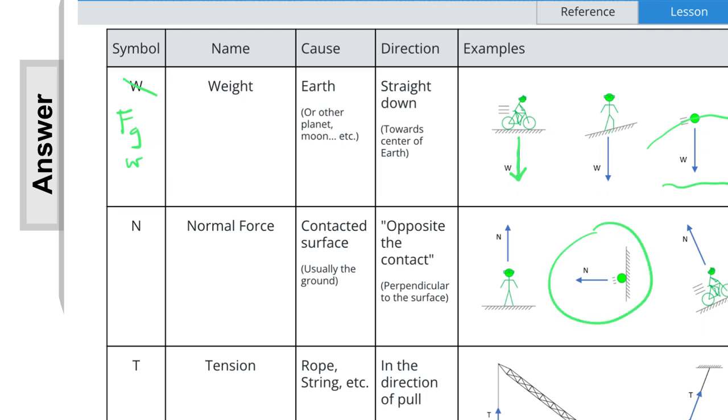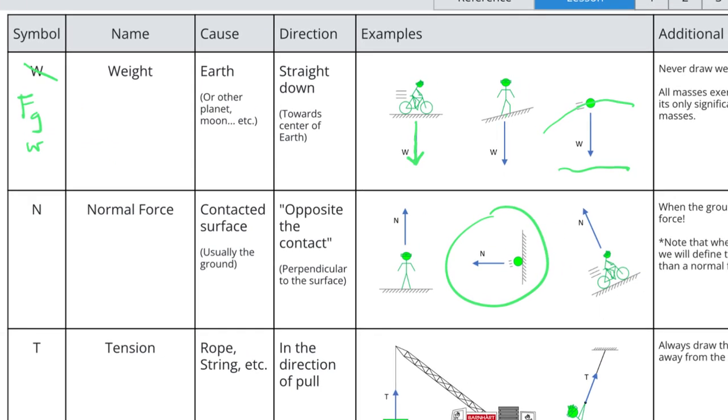The normal force is not in the direction of the weight of the ball, and it isn't like you're probably used to. It's perpendicular to the surface that's contacting it, so it's as drawn right there.